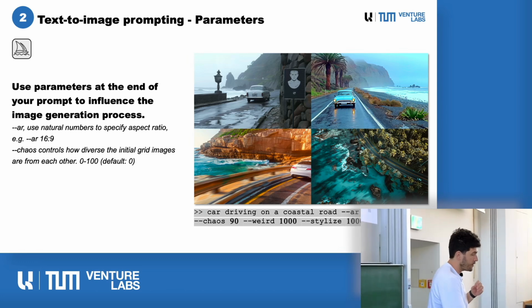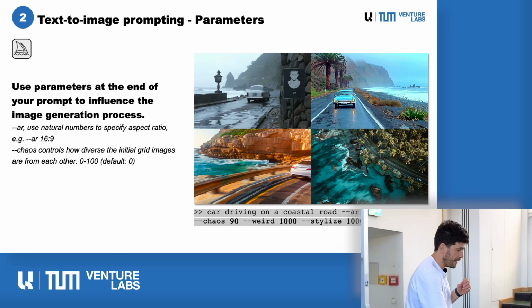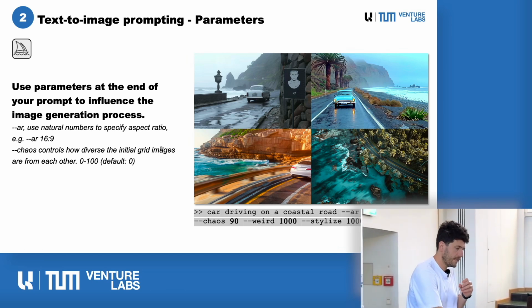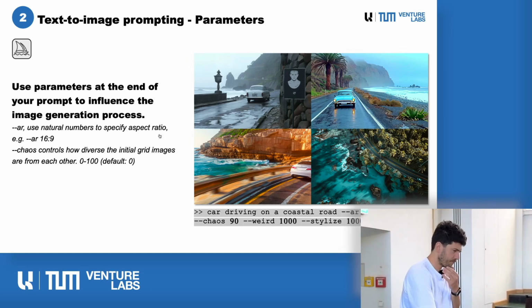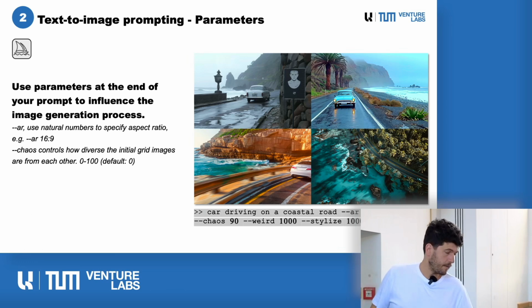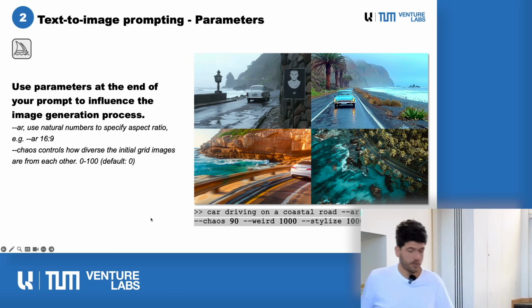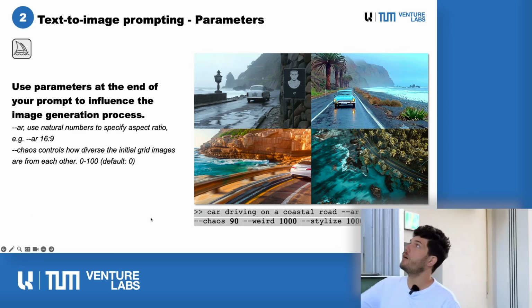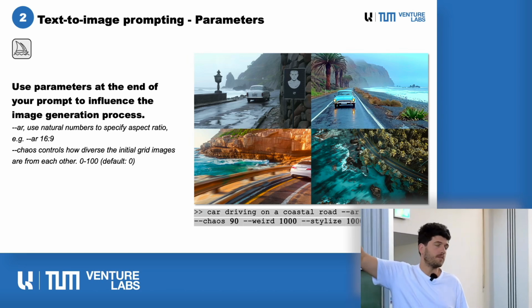You always get 4 images in the preview, as you can see here in Midjourney. If you do Bing Create, you also get 4 preview images. With Chaos, you can set from 0 to 100 how different you allow those pictures to be.